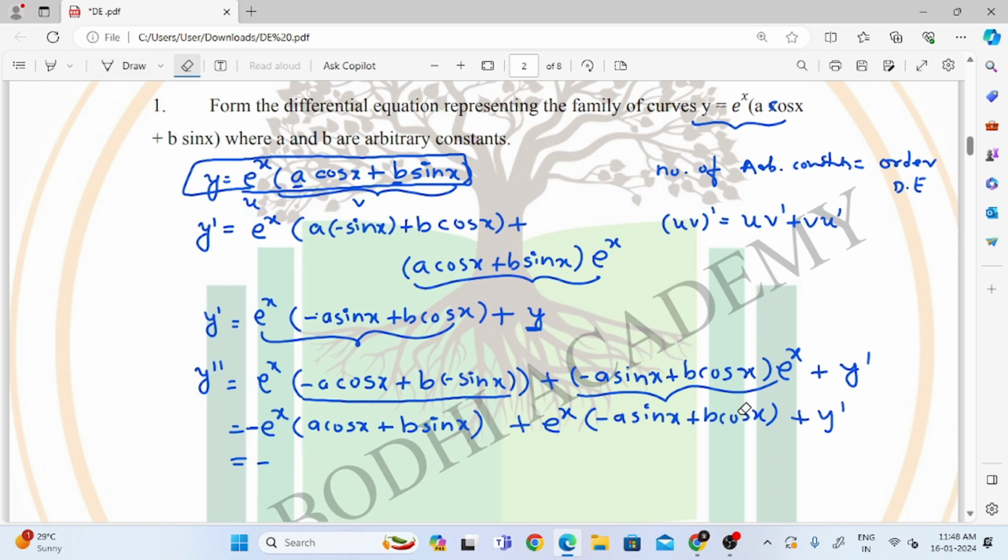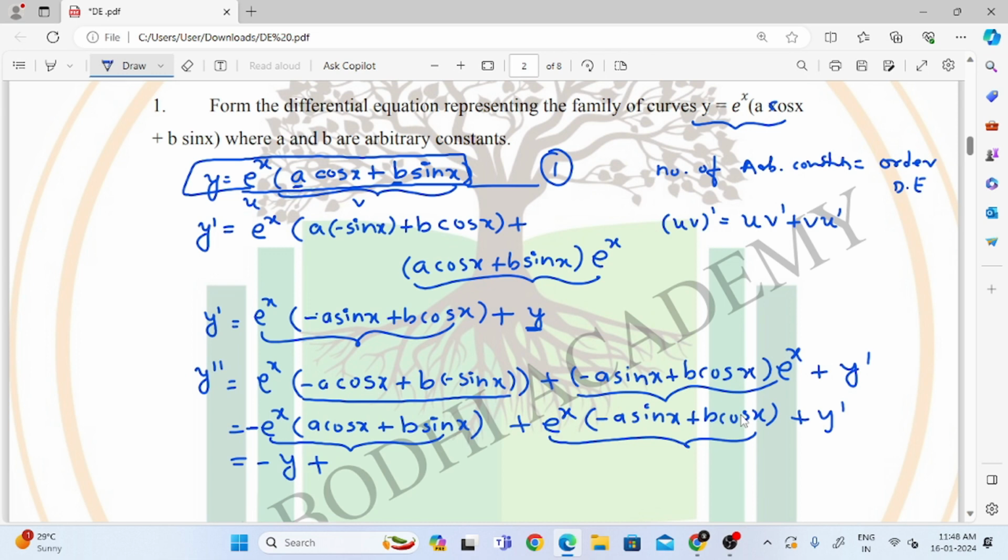Let's say this is equation number 1. So what is y? The value of y is e raised to x into a cos x plus b sin x. So exactly this thing is here, e raised to x into a cos x plus b sin x, that means this is nothing but y, so it becomes minus y. Then plus, now we have to find the value of e raised to x into minus a sin x plus b cos x.